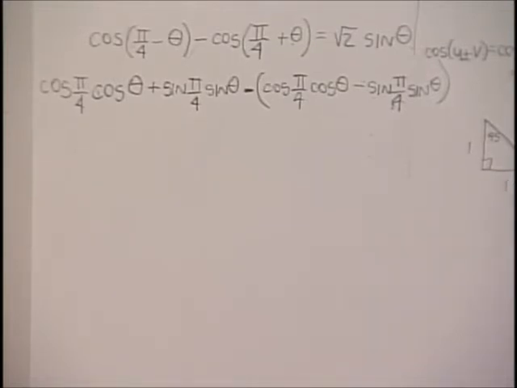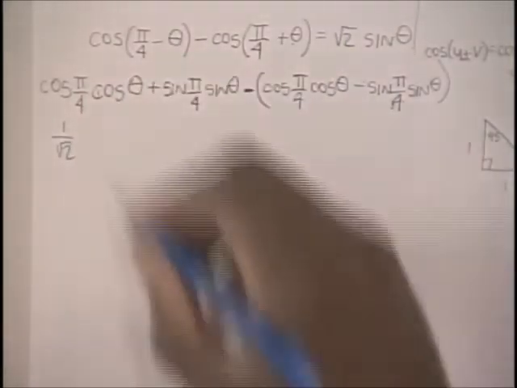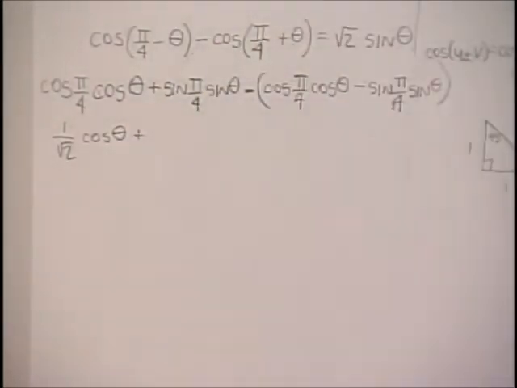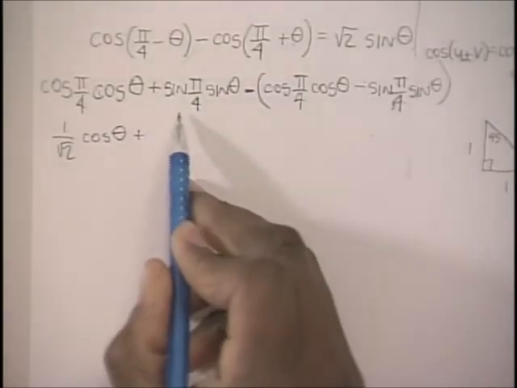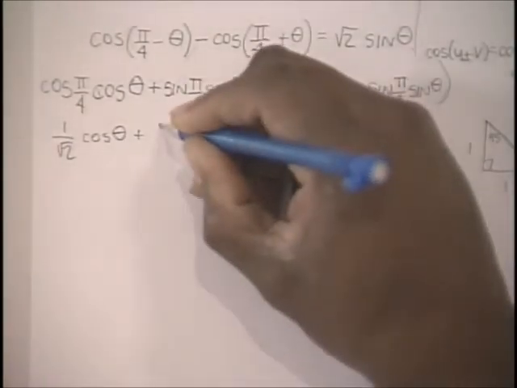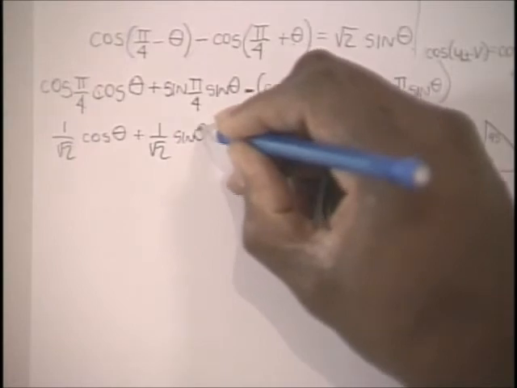So the cosine of pi over 4, which is the same thing as 45, is 1 over radical 2, times the cosine of theta, plus the sine of pi over 4. The sine of pi over 4 is opposite over hypotenuse. That too is 1 over radical 2 times the sine of theta.